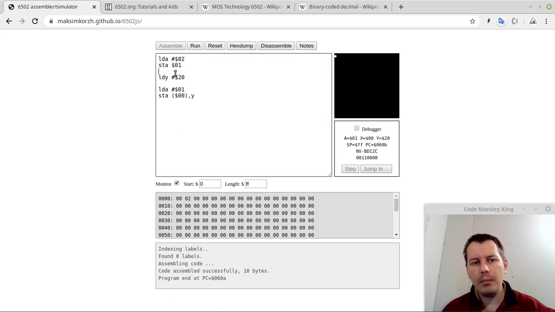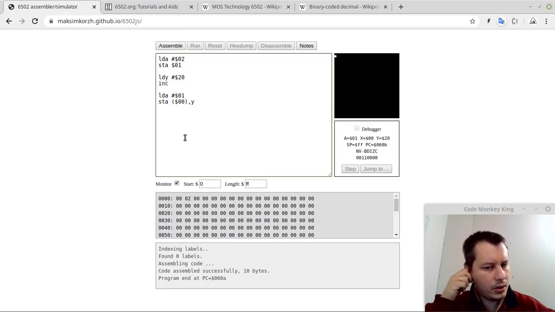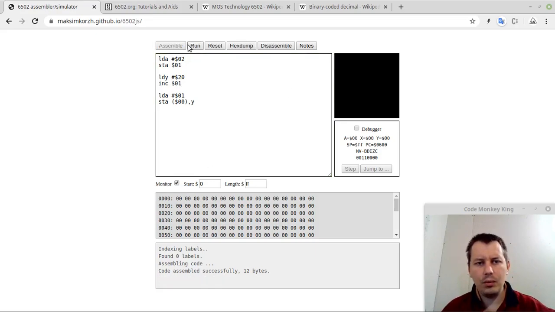Now the cool thing about this is that we can actually increment this value. So we can say not only like this, but also we can increment, for instance, 0, 1, right? And this would be 300, so it should jump somewhere lower, which it does, okay?